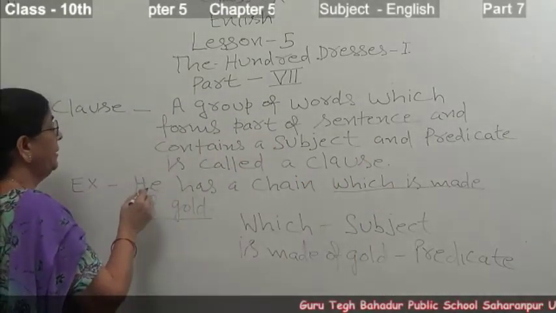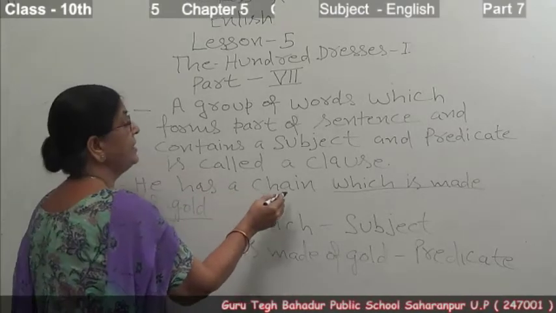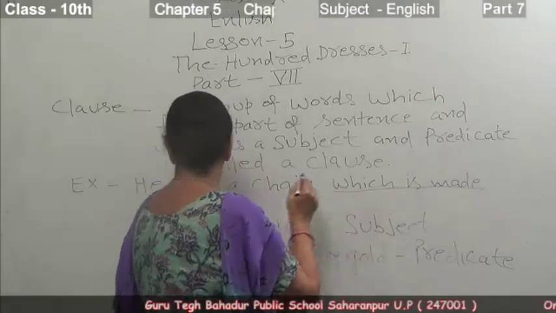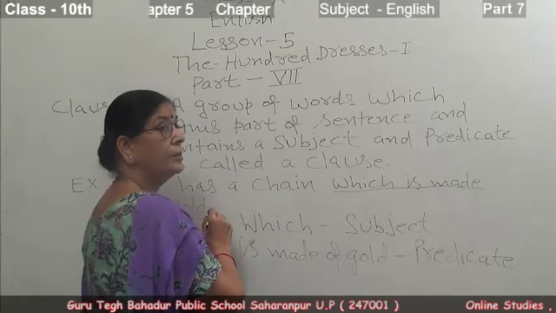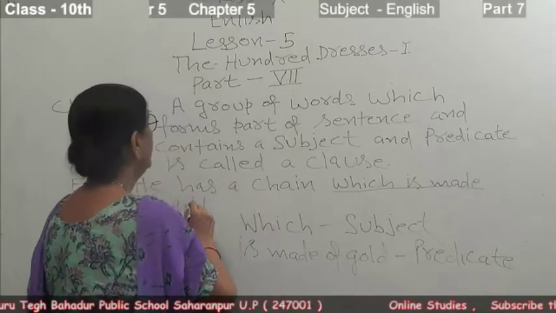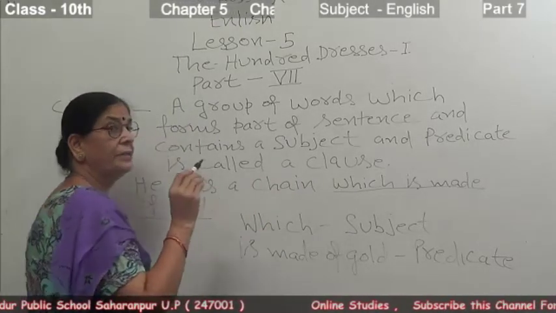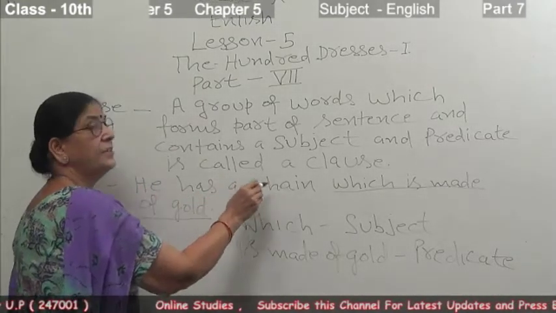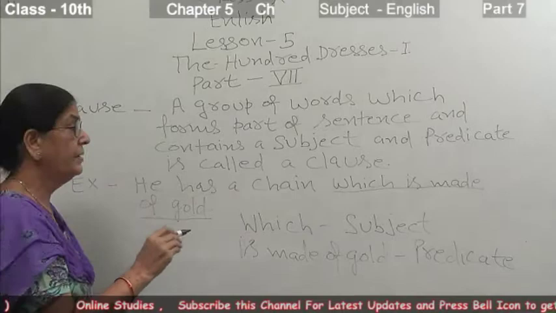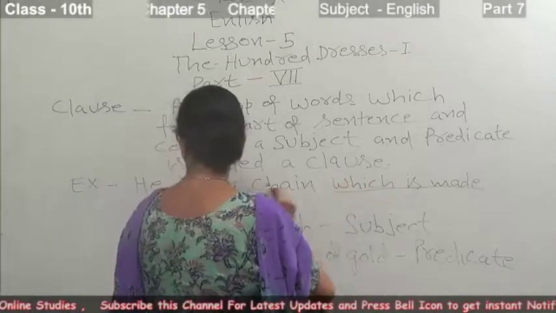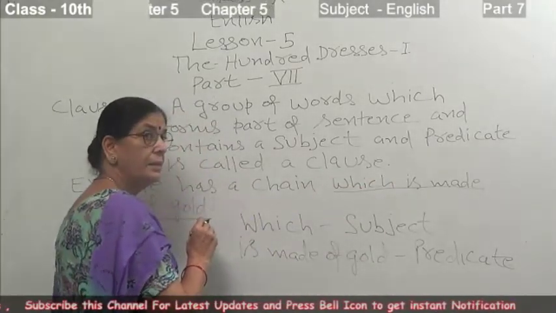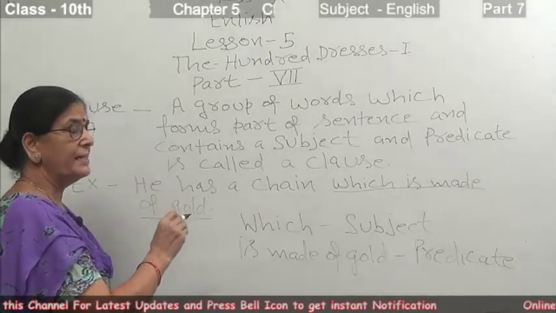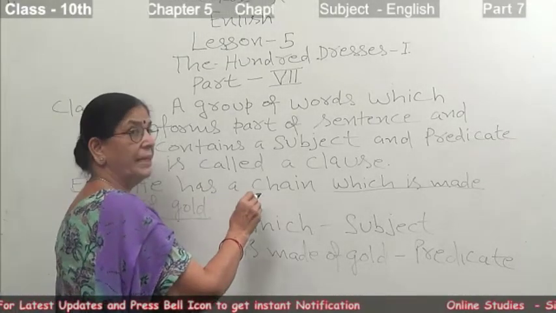For example, he has a chain which is made of gold. Here, which is joining the two sentences. He has a chain: this is one sentence. Chain is made of gold. These are the two sentences which we have combined.